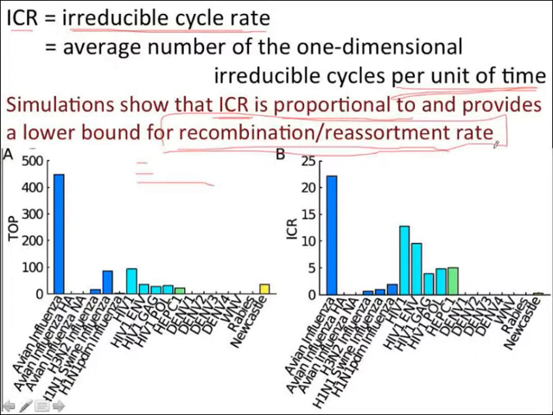So it's not all the mutations, but the mutations that come from recombination and reassortment. This mathematical measurement can give us a nice lower bound and is often proportional to it as well. So this ICR is also an important measurement.